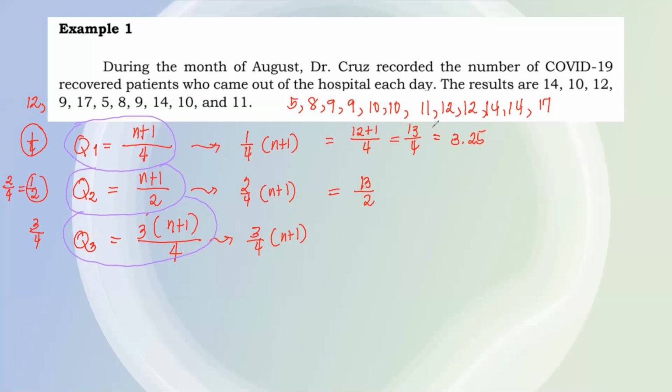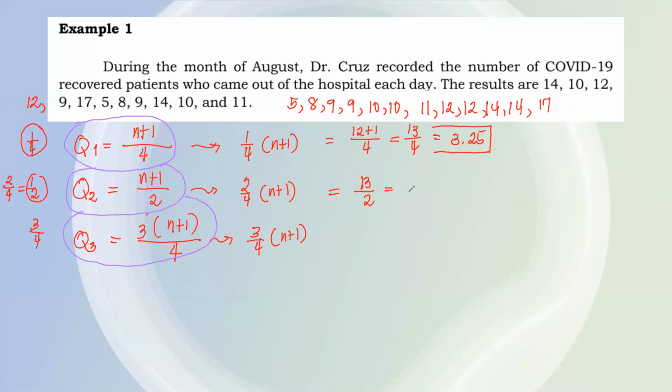O di ba hindi na sakto? Kasi yung data natin nadagdagan ano. Okay? So may mga ganun talagang pagkakataon na hindi na siya sasakto. Dinagdagan ko na siya ng data. So kita nyo, di ba? Hindi na siya saktong third data. Kasi naging even na yung number ng data natin.